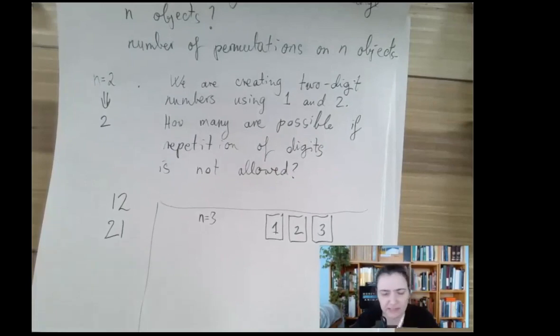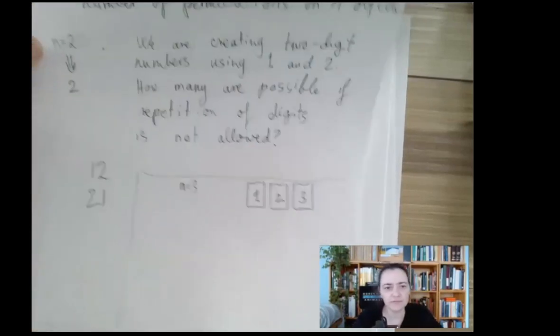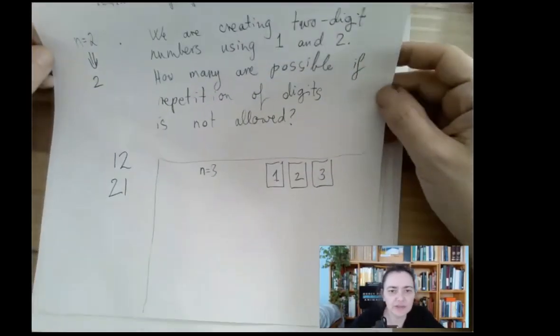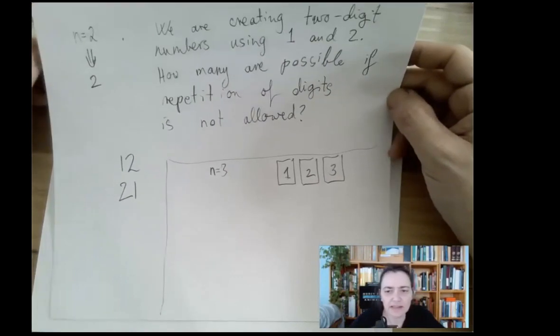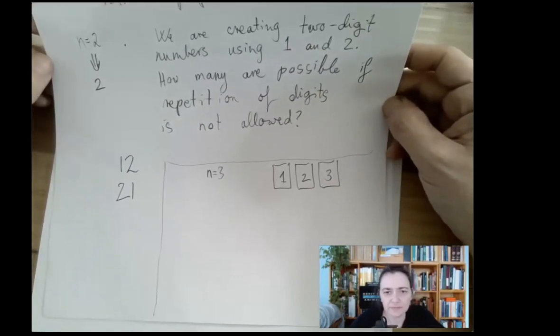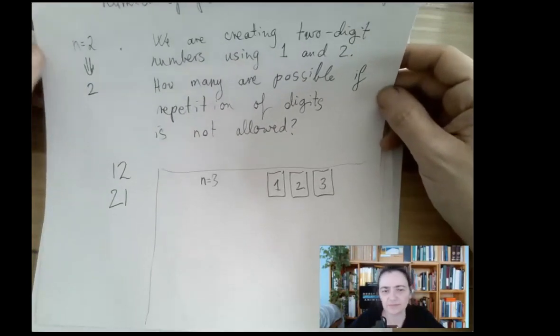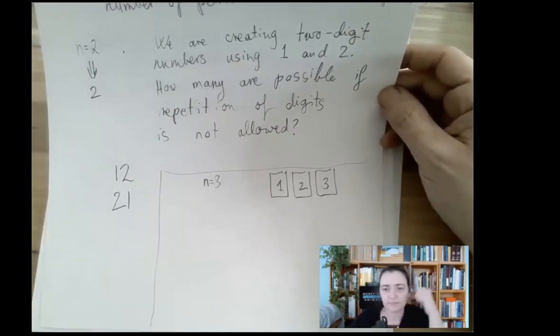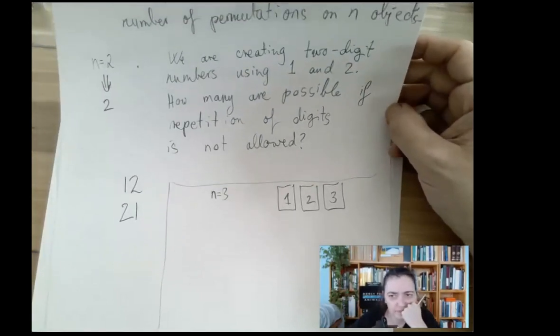And with this one, try to do it in increasing order. So just list all the different ways you can write down 1, 2, and 3, no repetition. How many do you get? Or 3-digit numbers.